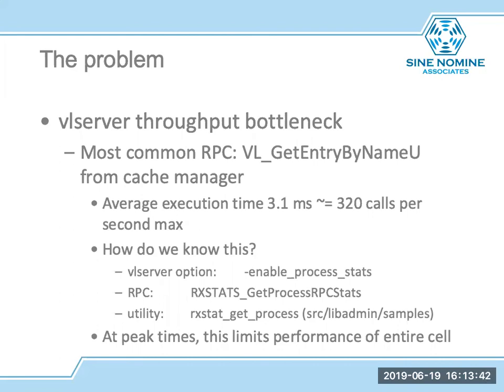Oh, one more thing about these statistics. Unfortunately, instrumentation in AFS is a little bit confusing sometimes in the terminology and the names of them. There are other performance statistics gathering utilities that have similar names to this but are not related to this. So there are other statistics RPCs that are built into the file server and the cache manager only.